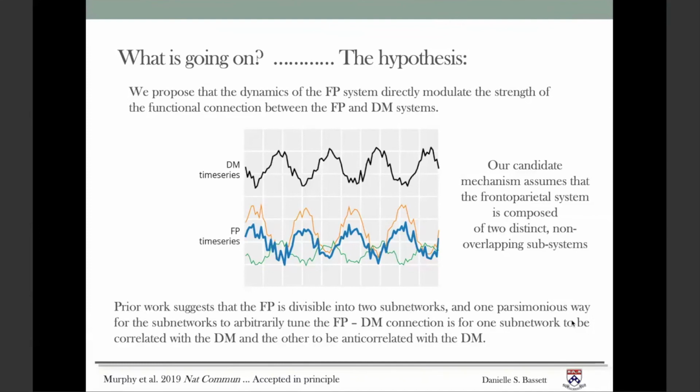They're sort of competitive with one another. And this is based on some prior work suggesting that the frontal parietal system is divisible into two different subnetworks, and also by the observation that this is a relatively parsimonious way to explain the patterns that we're observing so far.